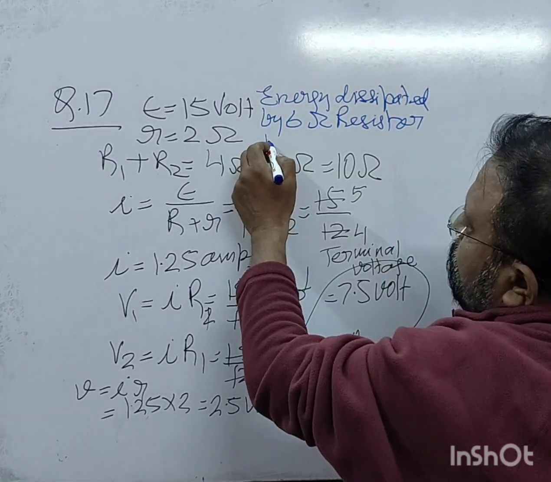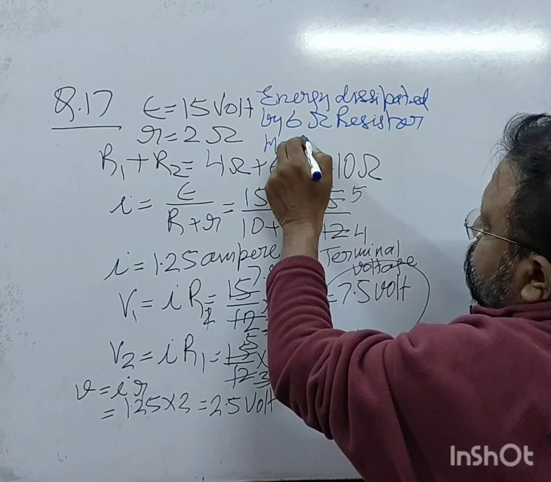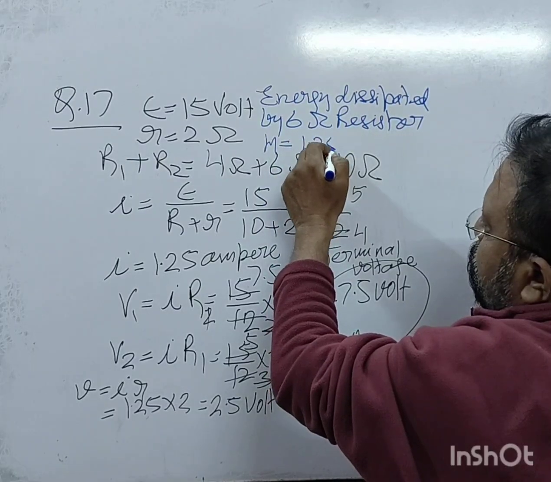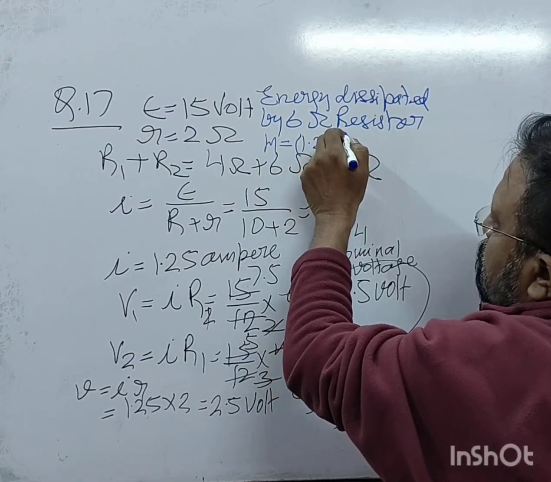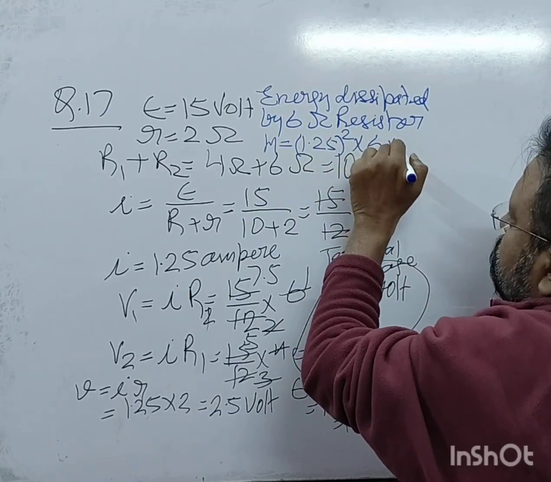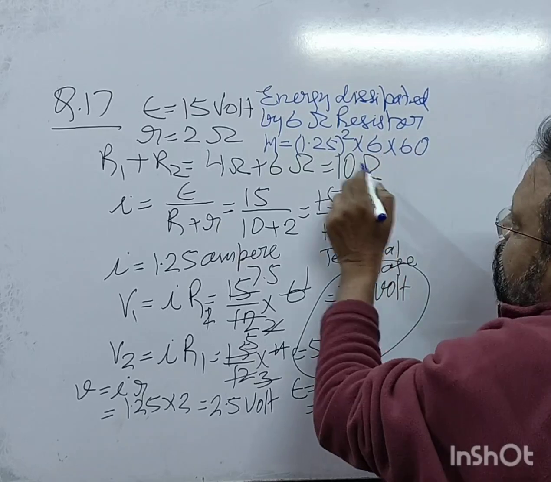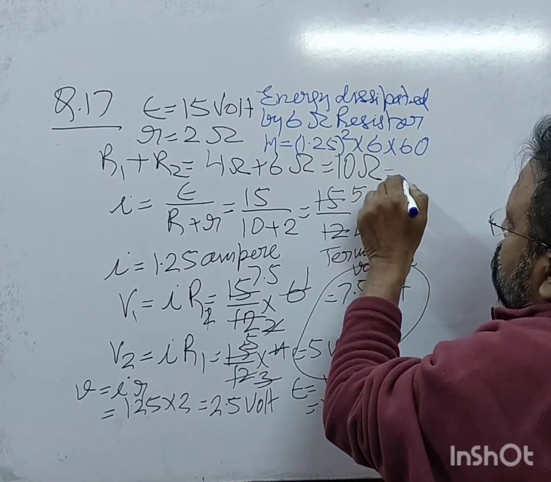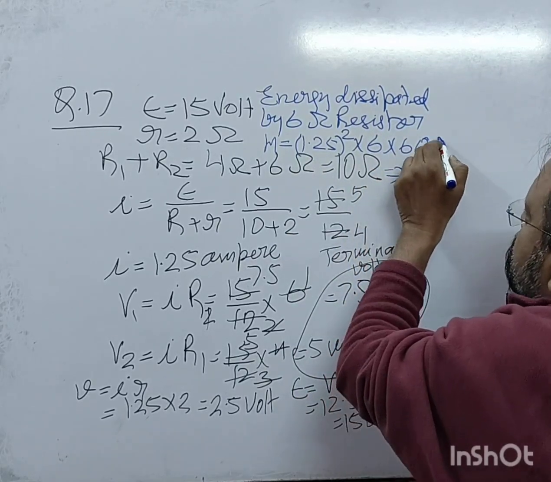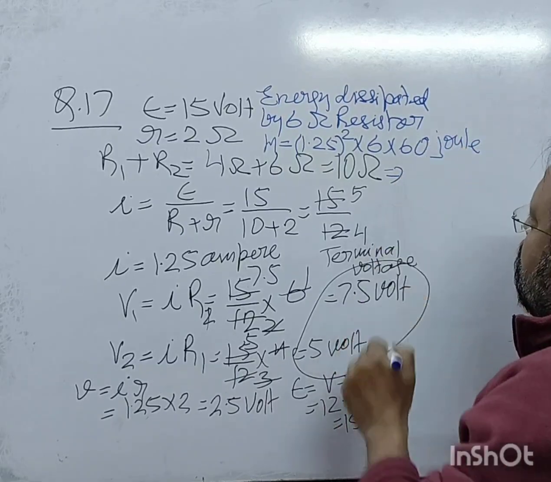H is equal to I, which is 1.25, whole square into R is 6 into time is 60. You get this? So how much will be? This is joule. This is we are getting in joule.